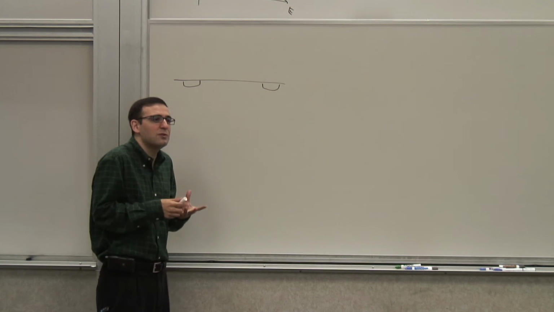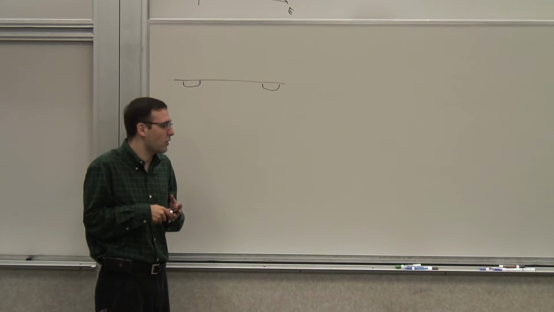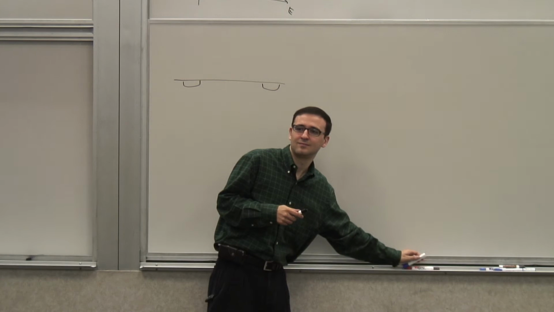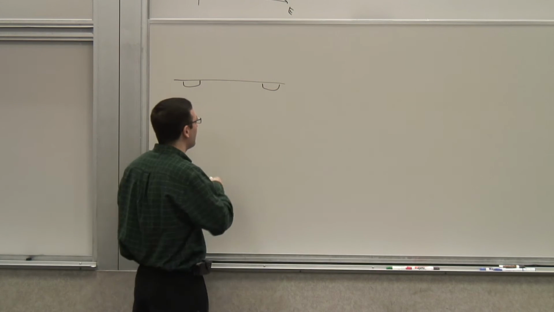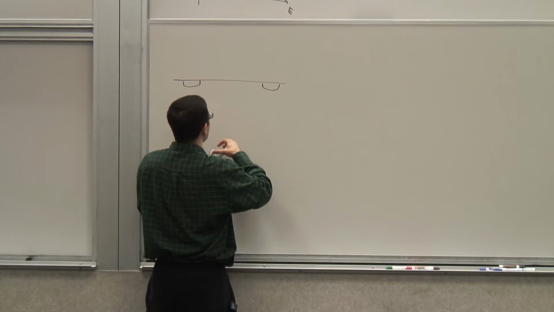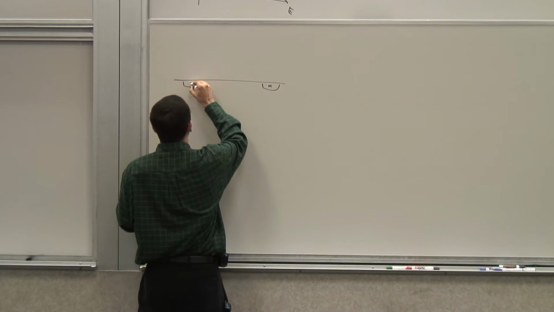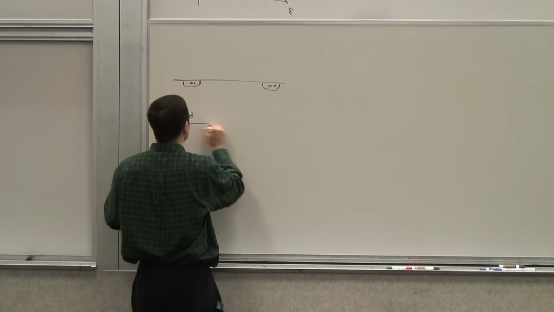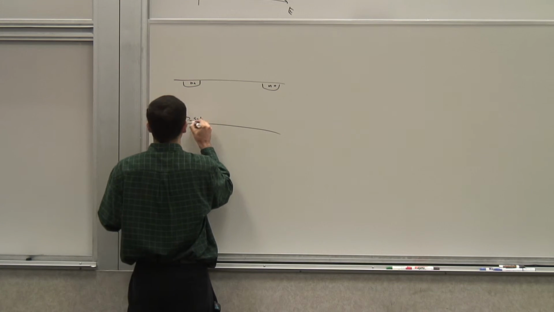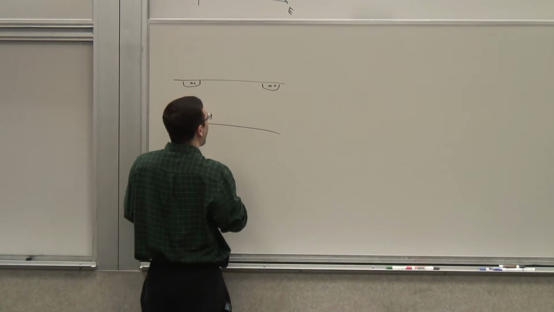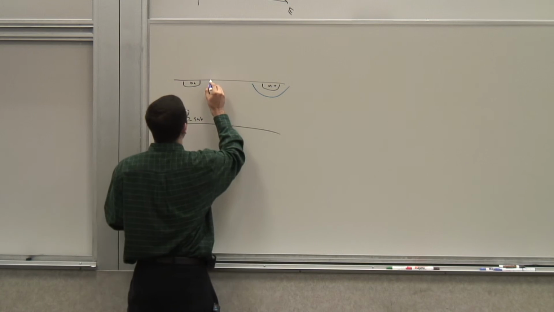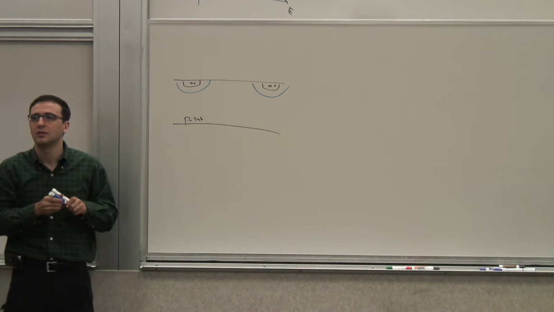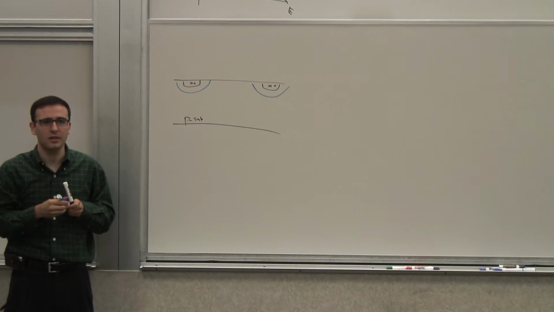Now, what if part of my depletion region is already there? Well, think about it. If I just take a simple NMOS, N plus, N plus, and this is the substrate, you already have two depletion regions here, right?